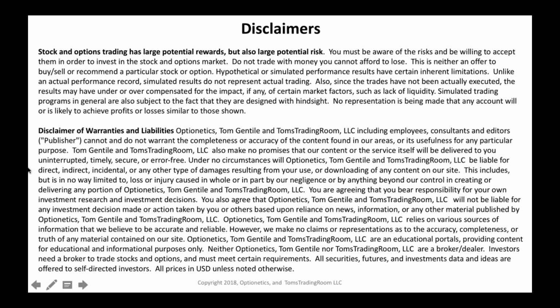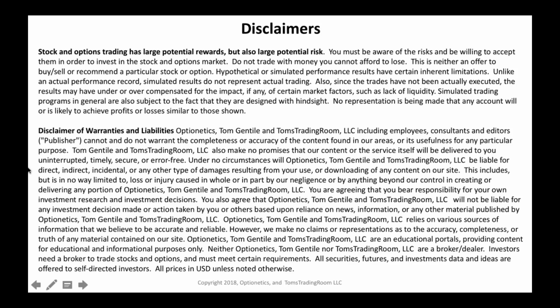Couple of points I'm going to make. Stock and options trading has large potential rewards, but also large potential risk. I like to say this: buying and selling stocks or buying and selling options is easy, but making money is not.